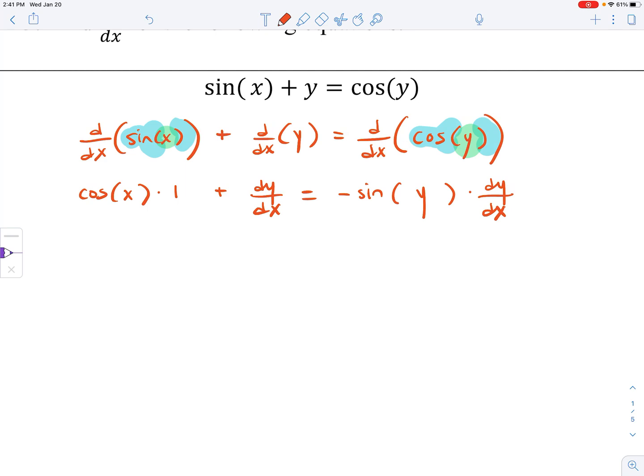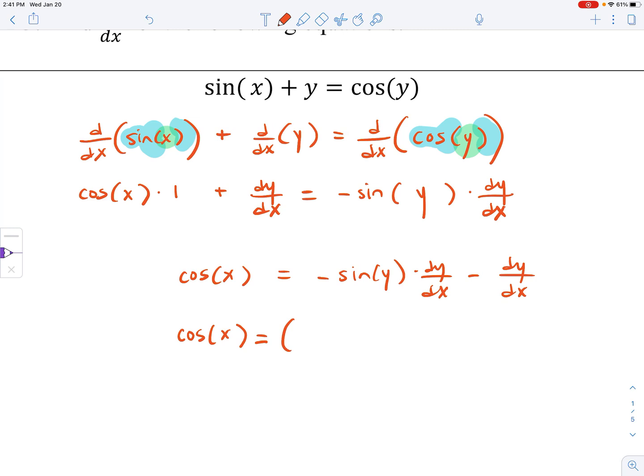Our next step is to get the terms that have dy over dx on one side of the equation and then all the other terms on the other side. So I'm going to move the terms that have dy over dx over to the right-hand side just because it's less steps, but it doesn't matter. You can do either side. So I have cosine of x equals negative sine of y times dy over dx minus dy over dx.